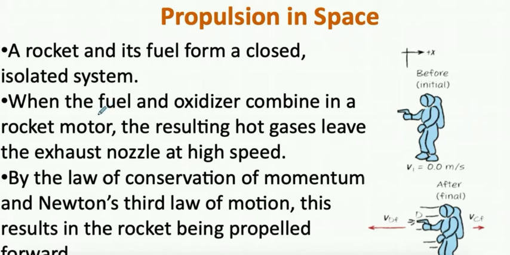So we have fuel and some kind of an oxidizer, because the fuel has to have oxygen in order to ignite. So we have fuel and an oxidizer to combine in a rocket motor, and we ignite the fuel, and hot gases leave the exhaust of the engine, and that's what propels the rocket forward.